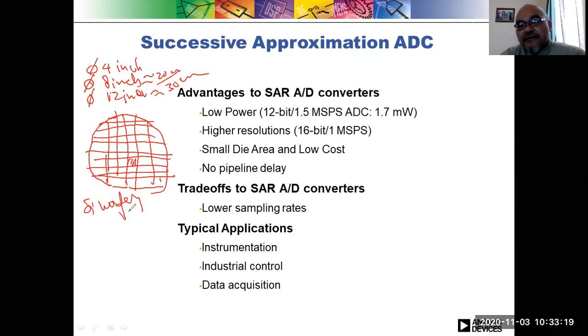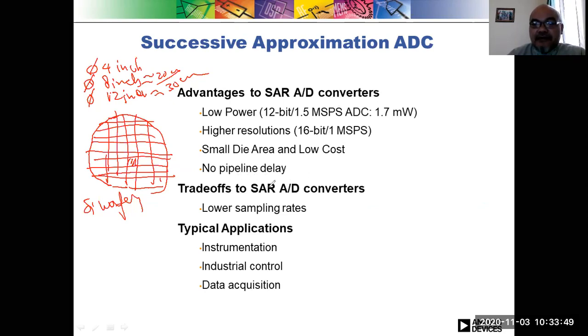And in the case of a successive approximation register analog digital converter, because the components are very few, only sample and hold, register, the DAC, and comparator, it requires only a small die area. That is why within a single wafer you can make so many ADC ICs, which results in a much lower price for a single IC.